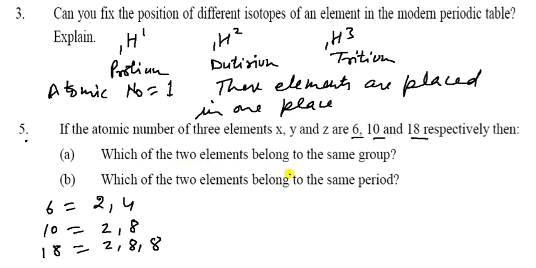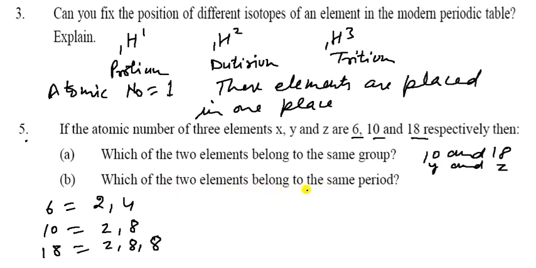So which of the 2 elements belong to the same group? Same group means the outermost orbit has the same number of electrons. So that means 10 and 18. So you can write here 10 and 18, that is, y and z.